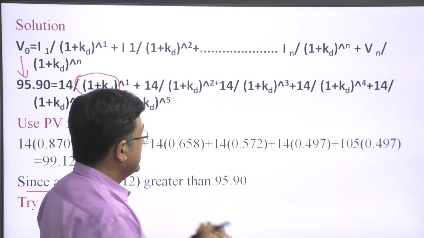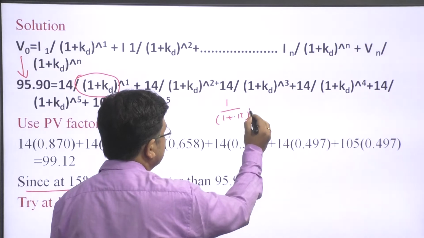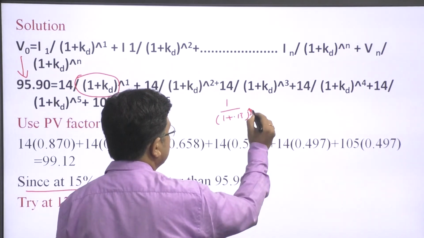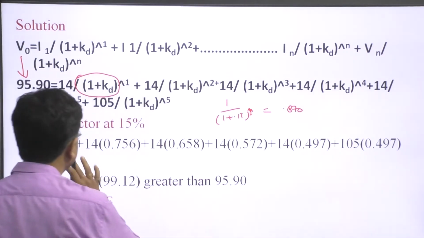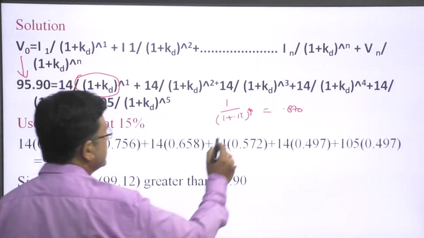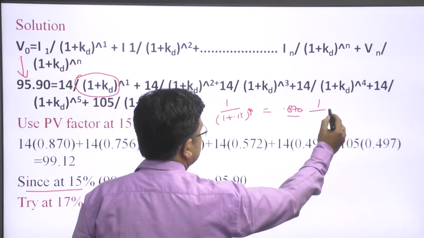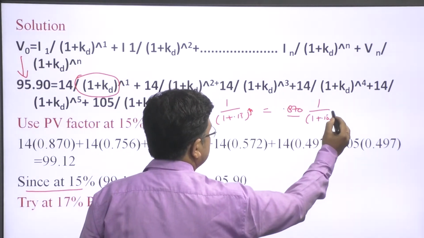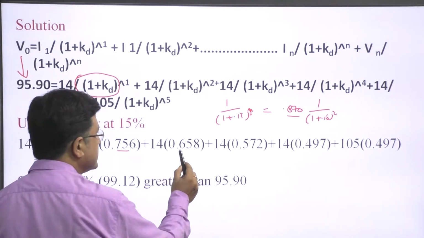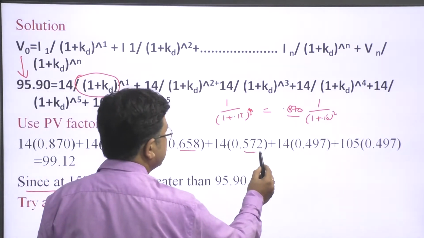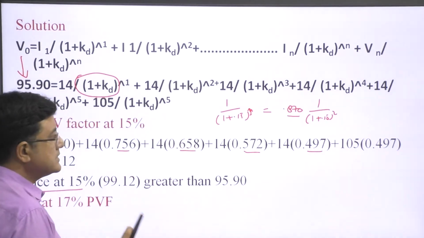It's simple: 1 divided by 1.15 power 1 equals 0.870. Similarly, for the second year the power goes to 2, 1.15 power 2, and it is reduced to 0.756. Third year 0.658, fourth year 0.572, fifth year 0.497. So this is the value of 1 rupee.